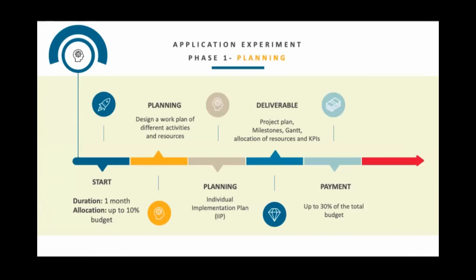As I said, this planning phase is to tailor and adapt, not to write an absolutely new work plan. So just so you understand. And once this is successful, once you deliver this deliverable to us on time, we're going to pay you up to 30% of the total budget that you applied for.